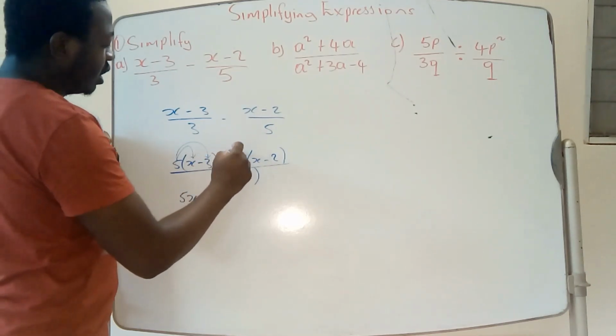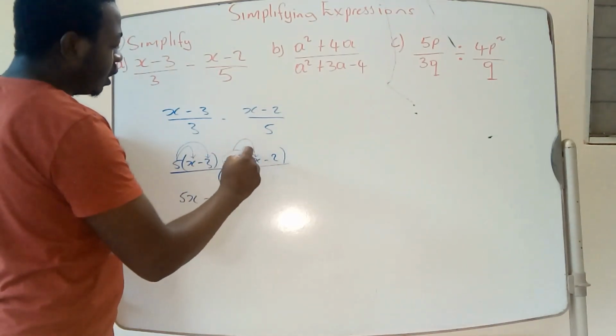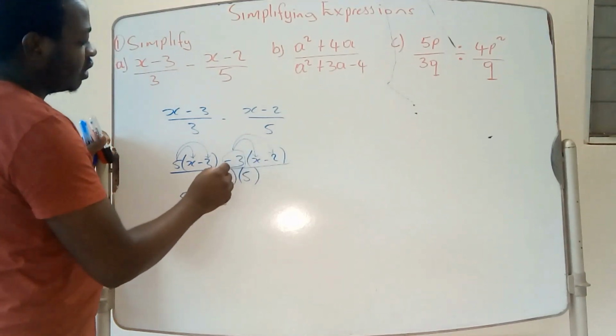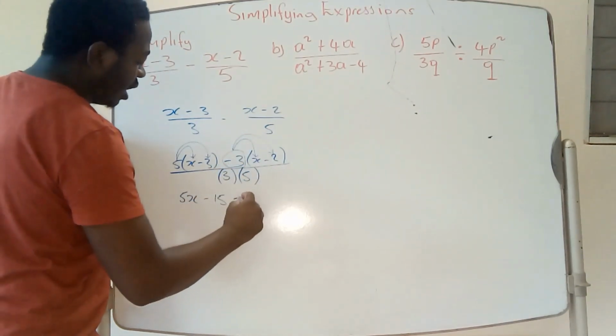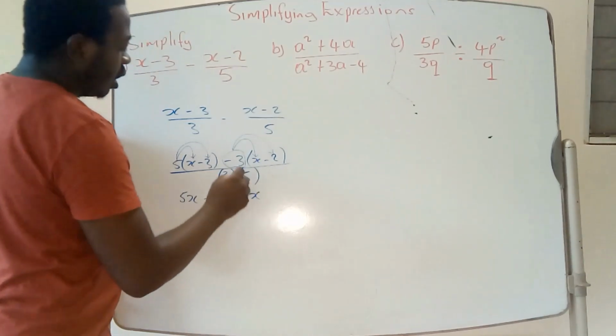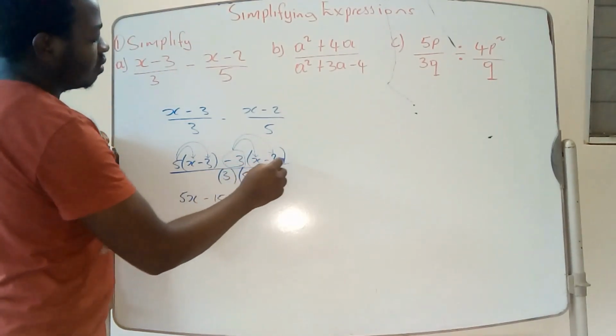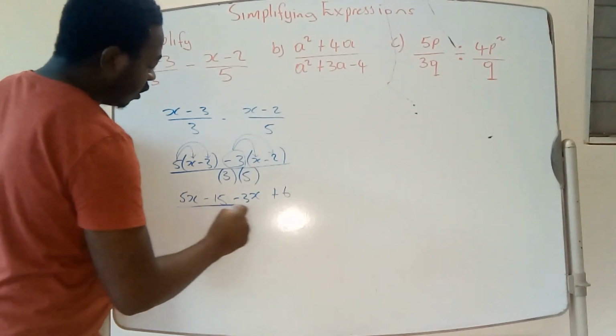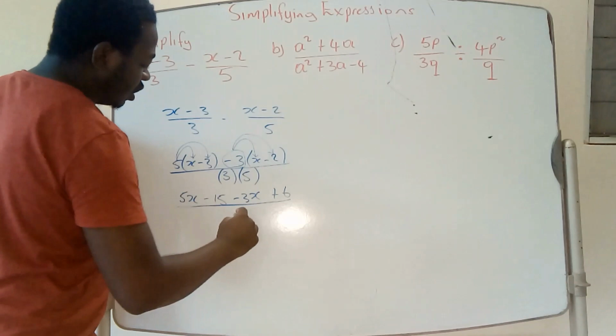So I'm going to take negative 3 to multiply the first term, and I'm going to take negative 3 to multiply the second term. So negative 3 times x gives me minus 3x. Negative 3 times negative 2 gives me positive 6. All over 3 times 5, which is 15.